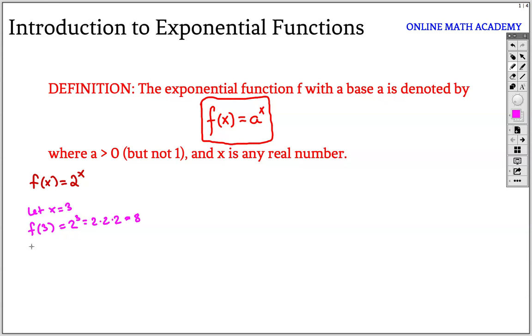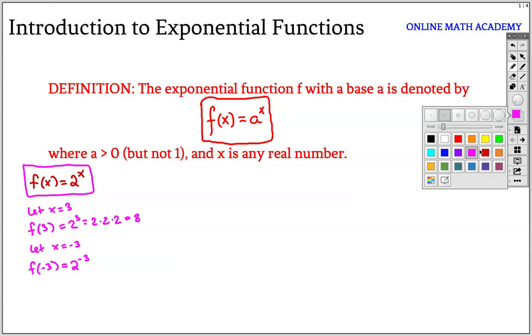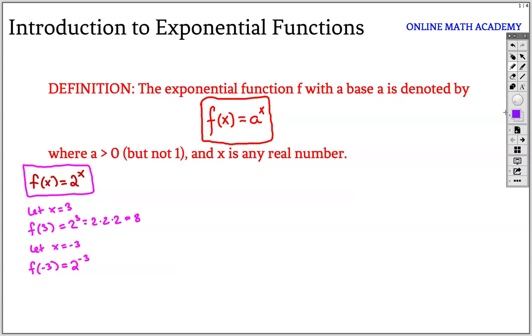Let's look at what happens when we let x equal negative 3. So it's f of negative 3, and all we do, like we did above here, is wherever we saw an x in this function definition, we're going to put a negative 3. So it's going to be 2 to the negative third power. Now, what is 2 to the negative third power? To answer that question, we have to recall something from before.